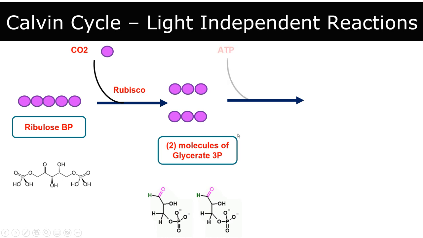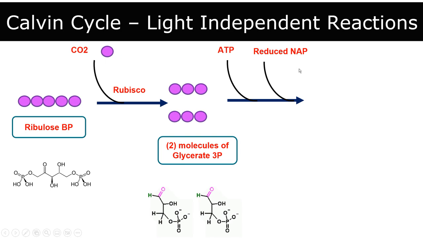From here, a couple of things are going to happen. I'm going to use one of my energy bucks, ATP. And remember that I usually use ATP to take a phosphate group off and stick it on something else. So this glycerate 3-phosphate is about to be phosphorylated using a phosphate from this ATP, and then something else is going to happen to these molecules.